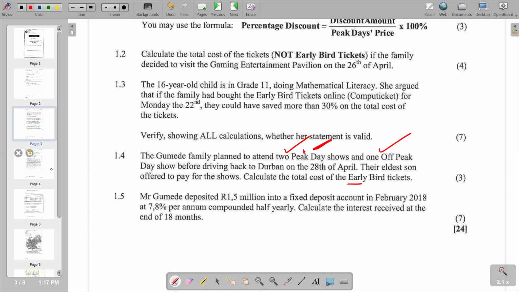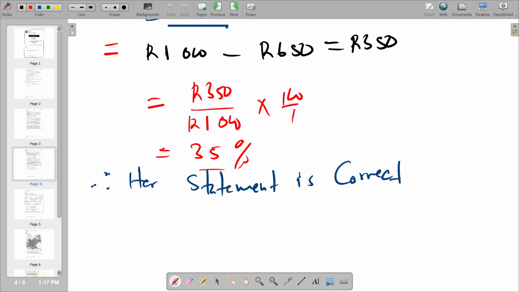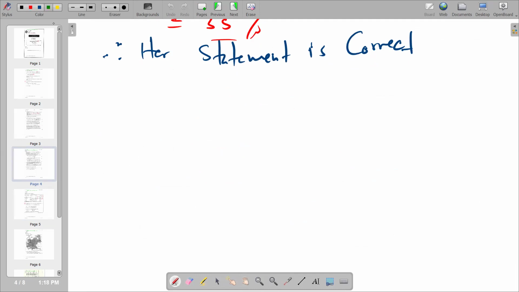So how we're going to calculate it now, we use the price that we have for early bird, where we have 100 for 4 and then 50 for 5. So this is what we have according to the information that we are given there. So this is going to be our 1.4.